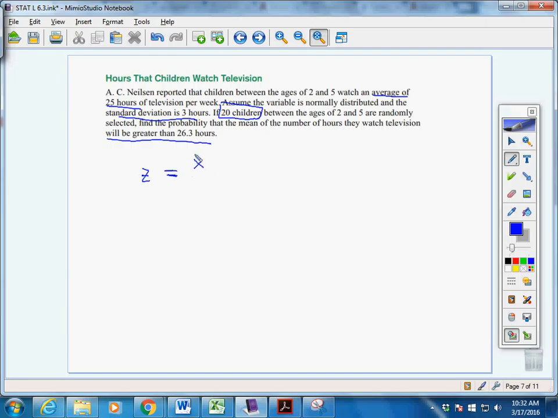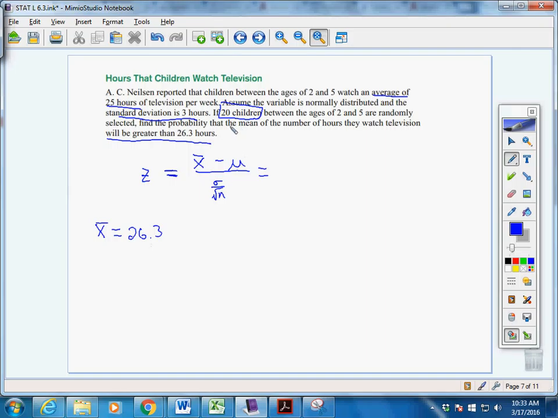We're going to take the average of our sample, the mean of our sample, minus the population mean, and divide that by our sampling error, by our standard deviation divided by the square root of the sample size. Okay. Let's identify some variables. The mean, the average of our sample, is this right here, 26.3.